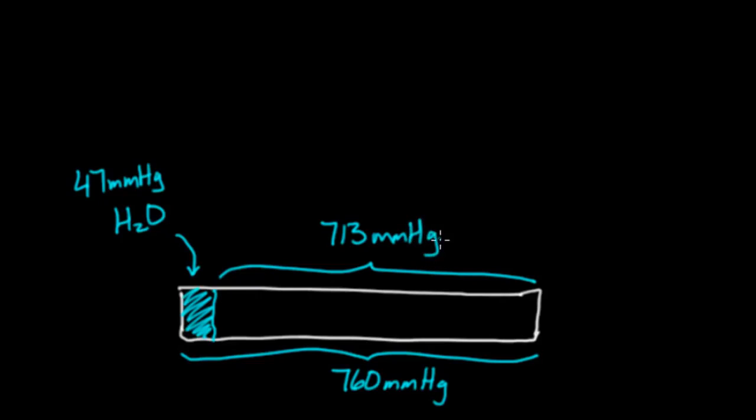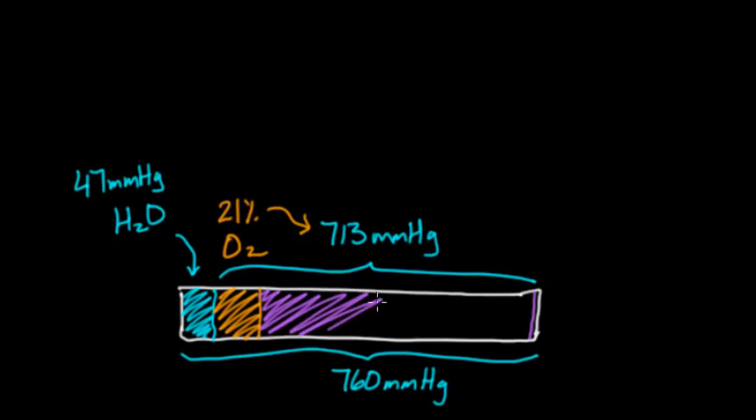Now, what was in that rest? Well, it's going to be the same as before, right? I'm going to try to sketch it as best as possible. This is going to be my oxygen right here, and this is 21% of 713. And then we have lots and lots of nitrogen still, right? Same kind of breakdown as before. And remember, this is all air that is being inhaled.